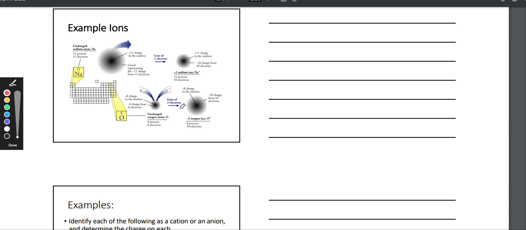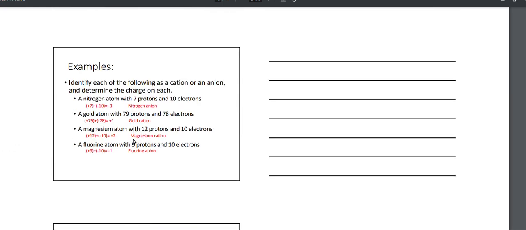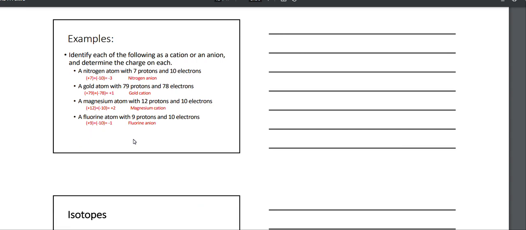When it gains 2 electrons, I have an additional 2 negatively charged particles, and the proton count remains the same. So I have 2 more negatively charged electrons, which makes it oxygen -2. That's the oxidation number for oxygen all the time. We'll get into oxidation numbers later, but you get the idea: cations and anions, and how both form.